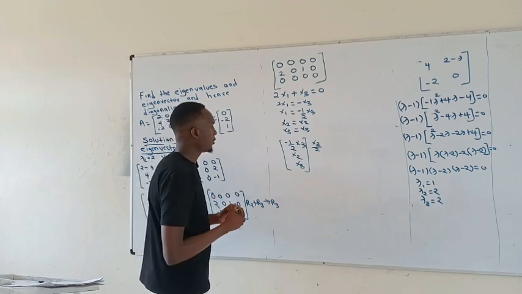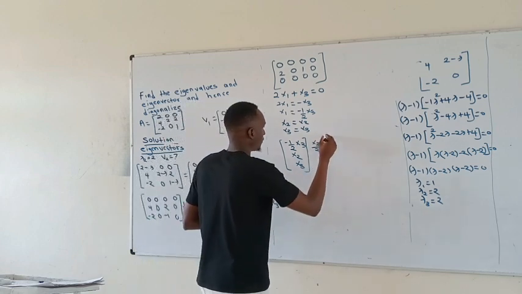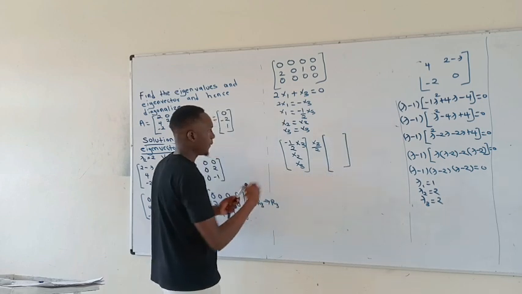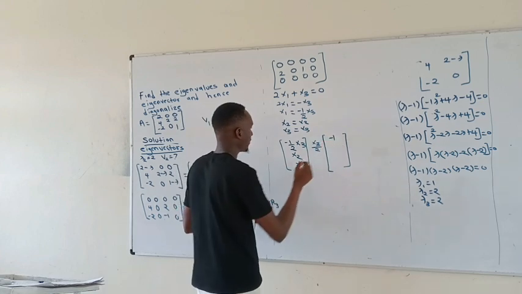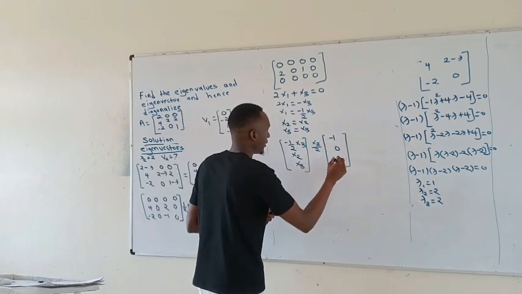Let's factor out x3 over 2. So, since we have x3, it will be negative 1. It is x2, it will be 0. x3 will be now 2.